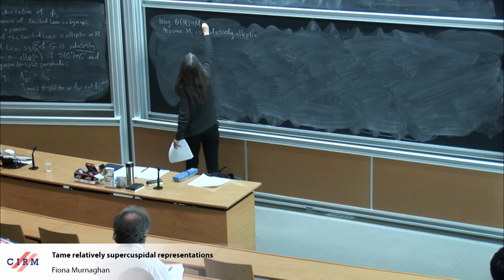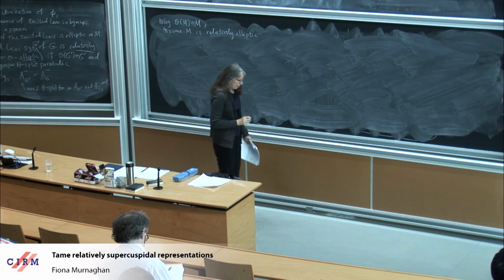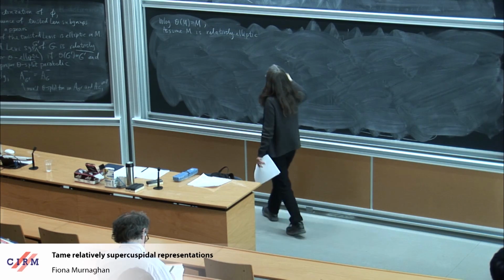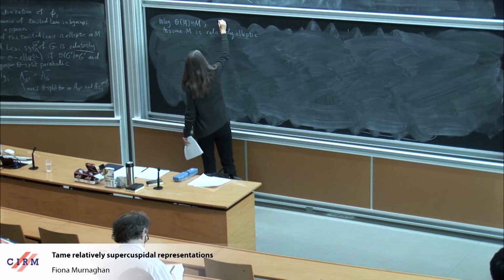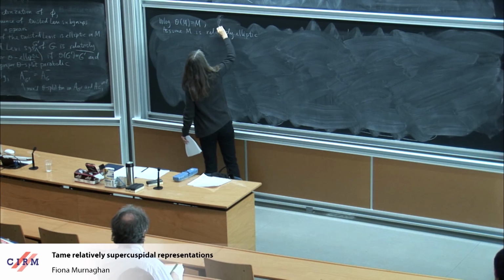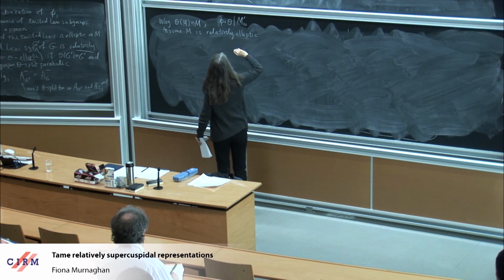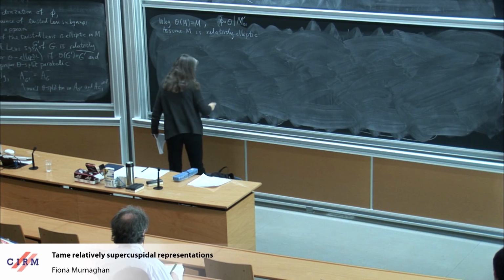And actually, the other things that we can assume are that we have some symmetry at the level of the character, at least topologically. We can also assume M prime is theta stable.